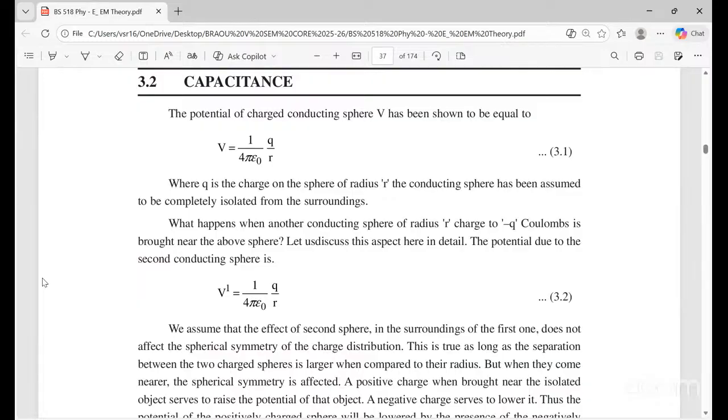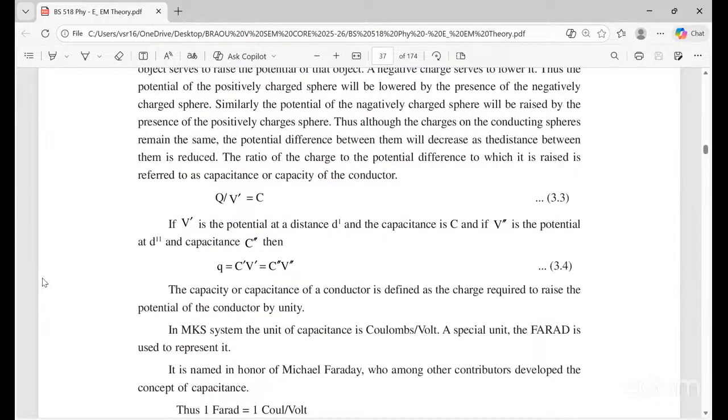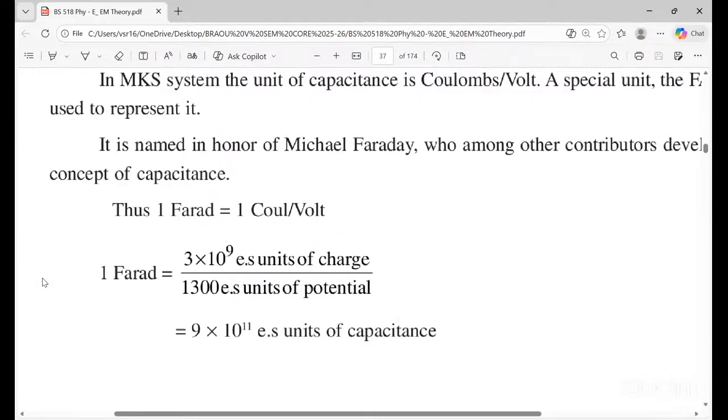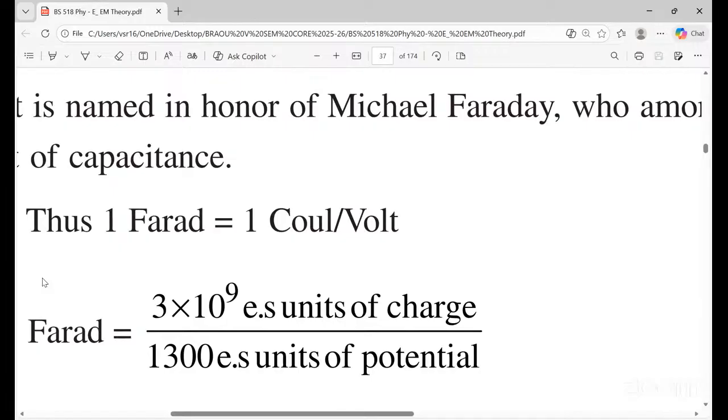You know the magnitude of the charge, and the ratio gives you the capacitance. So C equals Q by V. Units: 1 farad equals 1 coulomb per volt.